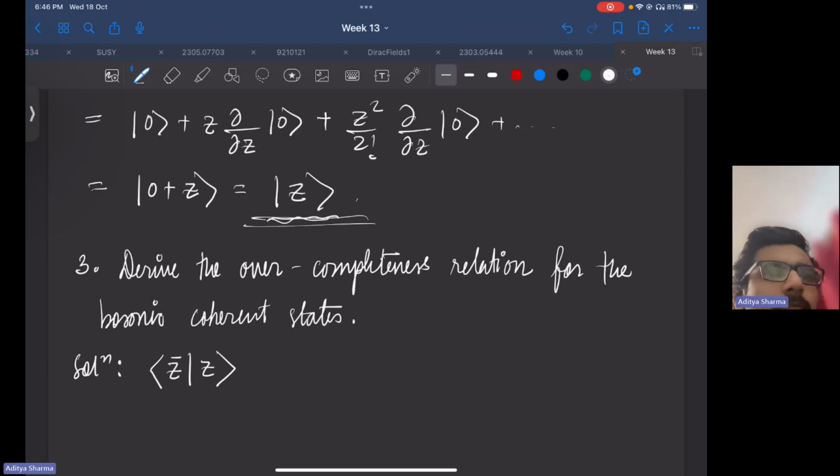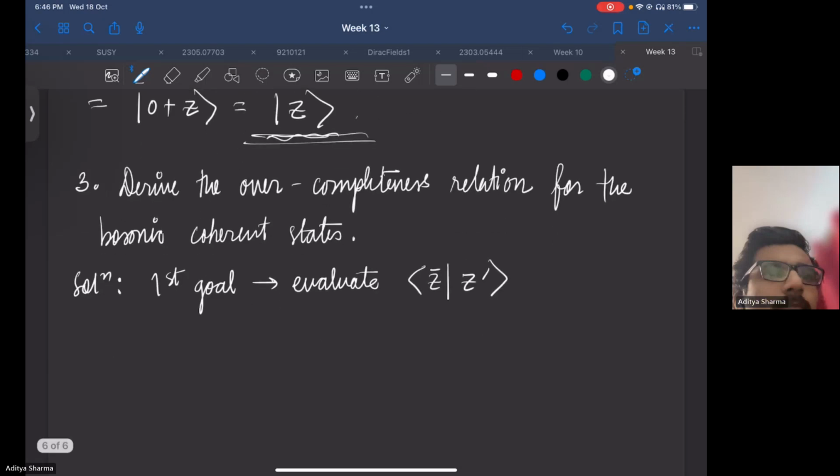You want to evaluate this. First, evaluate the overlap integral of the coherent state of A and A dagger. Okay. So to do that, we'll look at the matrix element of this quantity.